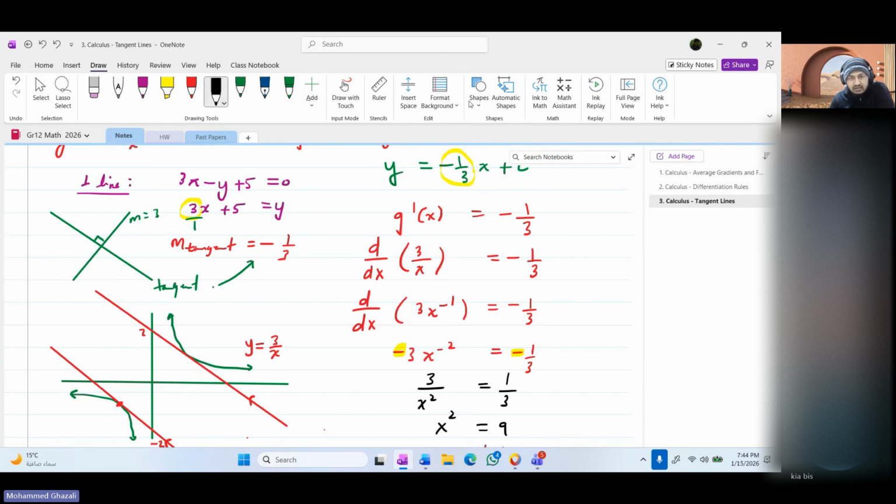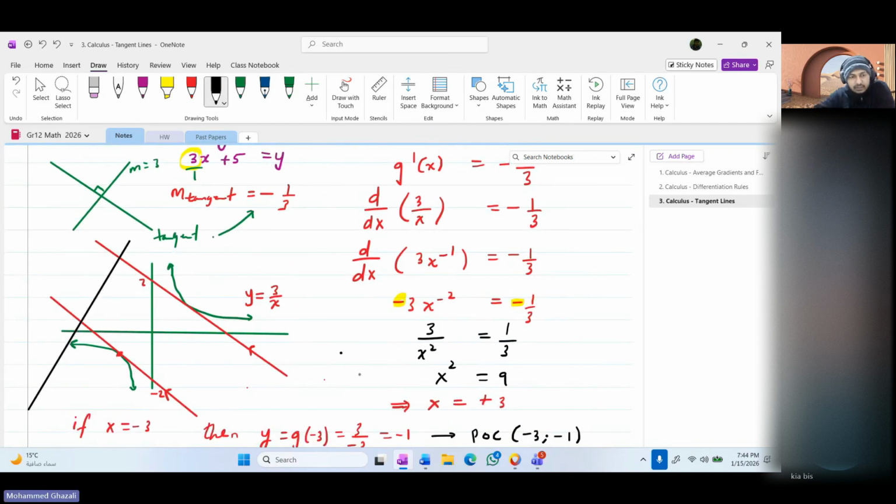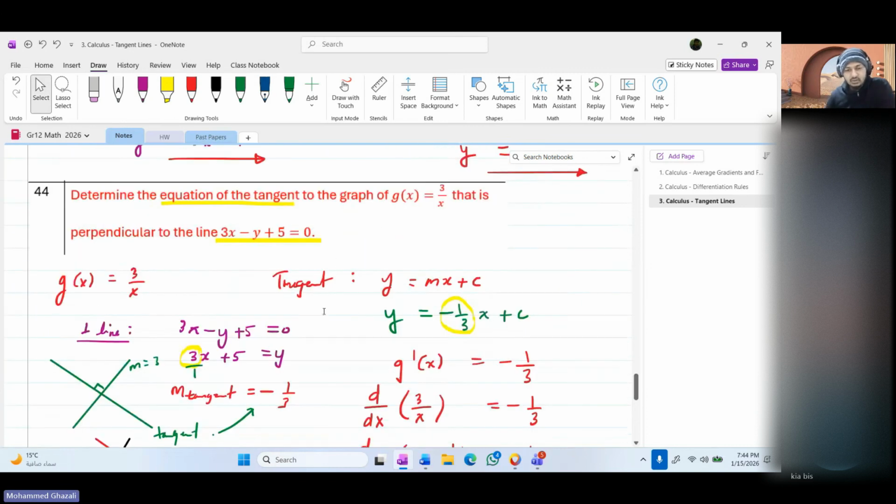So this line is somewhere around here, which is basically perpendicular to both these tangents. And this was the known equation that we had. Anyways, that's a graphical representation of what's happening in this problem.